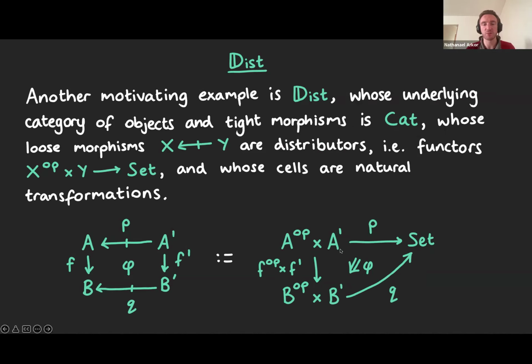You can think of a distributor as a sort of categorified notion of relation, if you've not come across it before. But again, the specific examples are not going to be so important for what comes, but I just wanted to give you a flavor of what double categories can express. Here, to compose distributors, we take some coends. So composition is via a colimit of a certain kind.